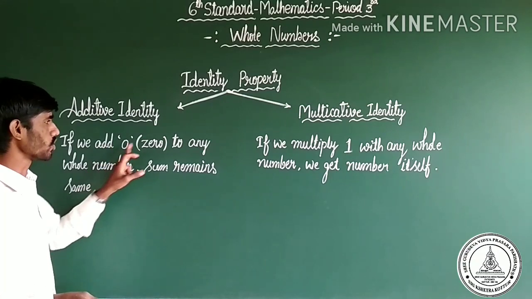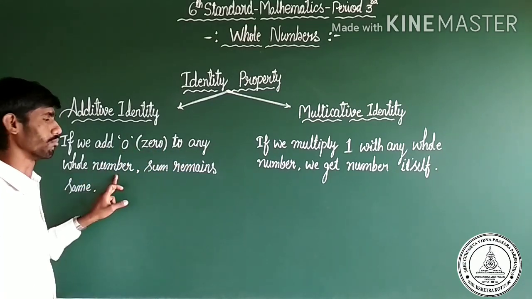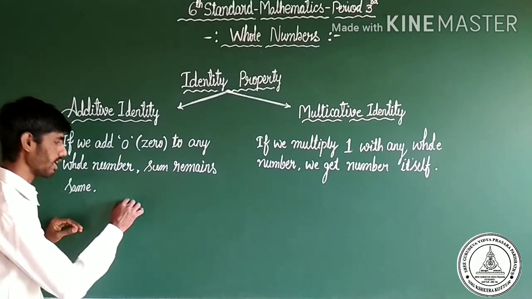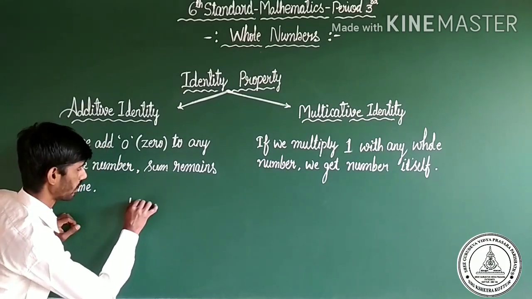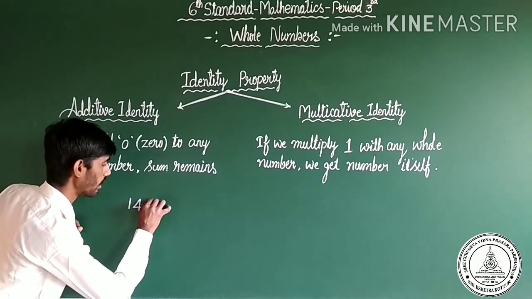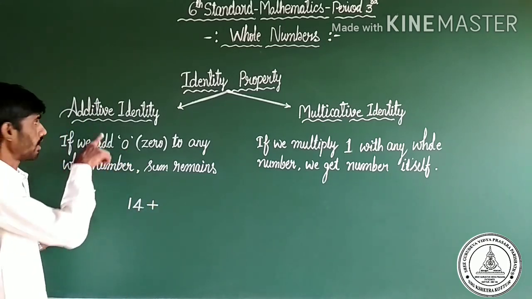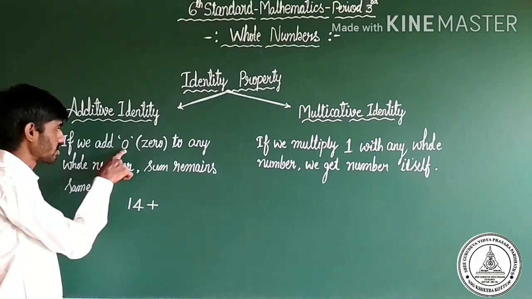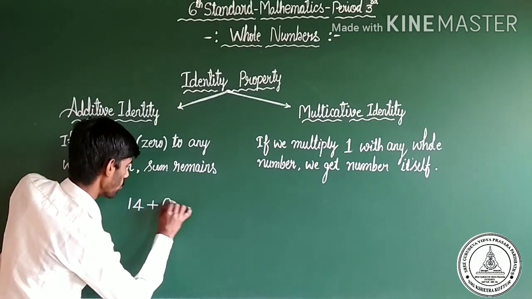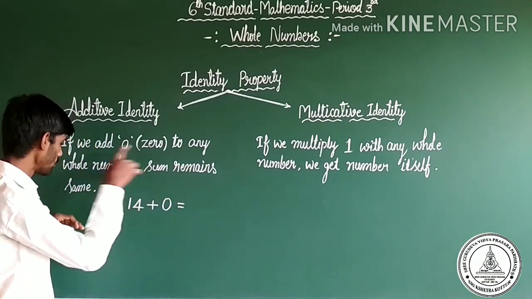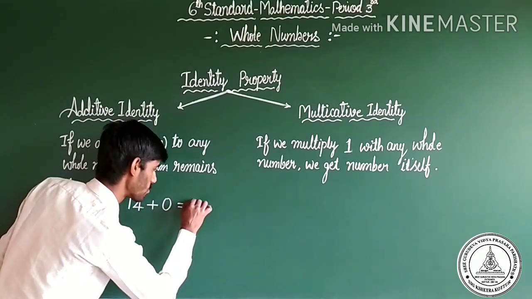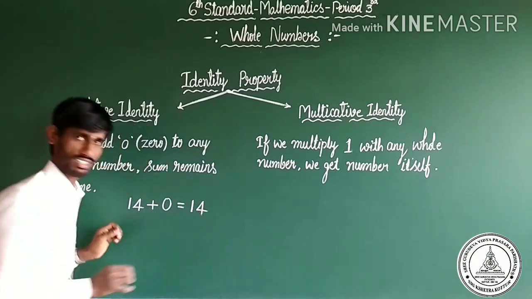If we add 0 to any whole number, the sum remains the same. I'll take the number 14 and add 0, because according to the additive identity, we need to add 0. So the sum remains the same: 14 plus 0 is equal to 14.